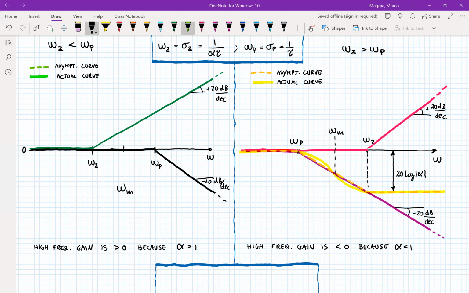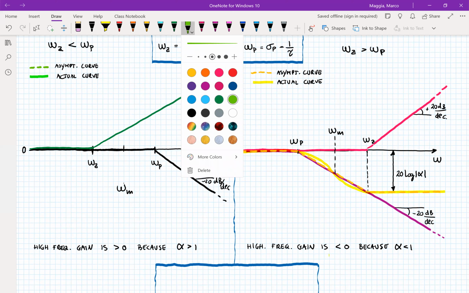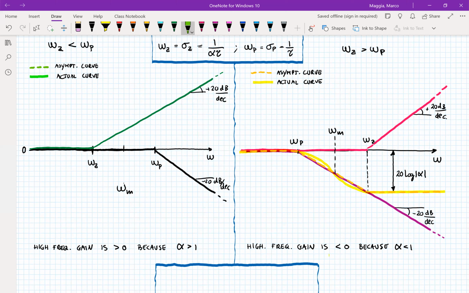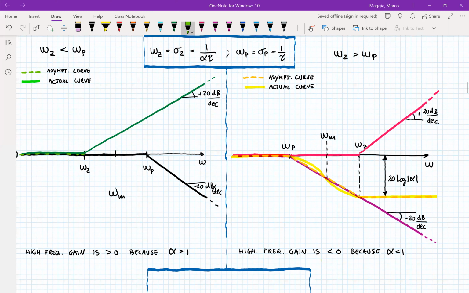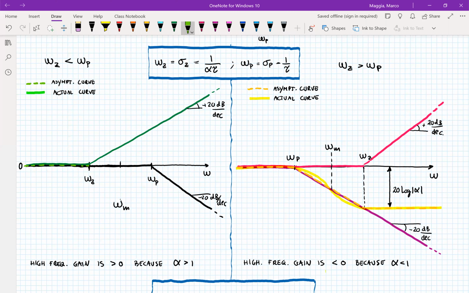So now if we want to draw the overall asymptotic curve, then that is 0 all the way until we hit omega z. Then we start going up following the dark green line because there's no contribution of the pole until we hit omega p.